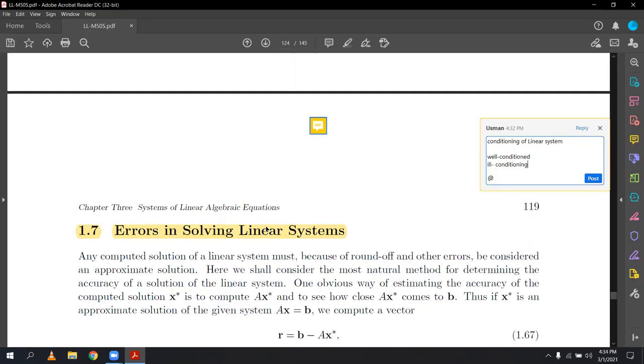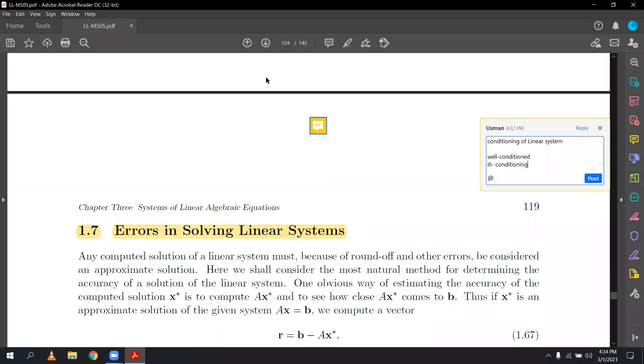But if your system is ill-conditioned, an ill-conditioned system is also non-singular, but non-singular only gives you the unique solution. It never guarantees a good approximation. So with an ill-conditioned system, even if you use a very, very good numerical method, you will never get a good approximate solution.